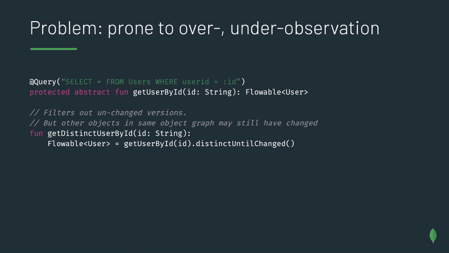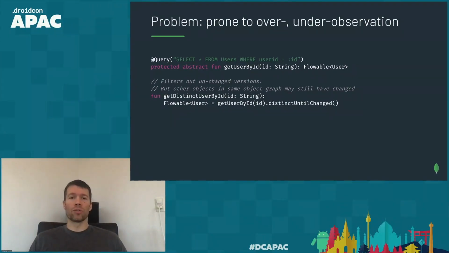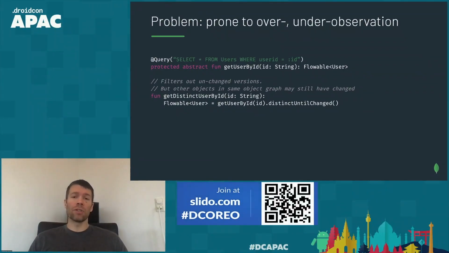It's a very simple example from Room, just showing that you get a user by its ID, and it'll give you a flowable, and then you have to pipe that through a distinct operation, a filter, so that you filter out all the changes that are the same. Because again, Room will just keep pushing changes, even if the object itself has not changed at all, because its surroundings have changed.